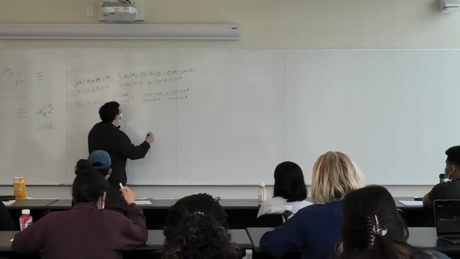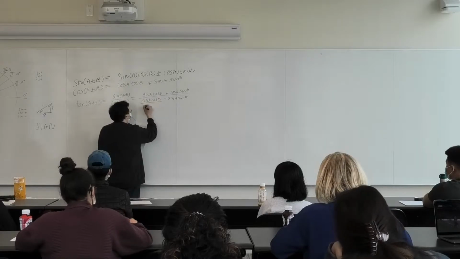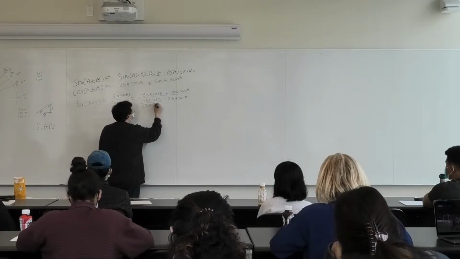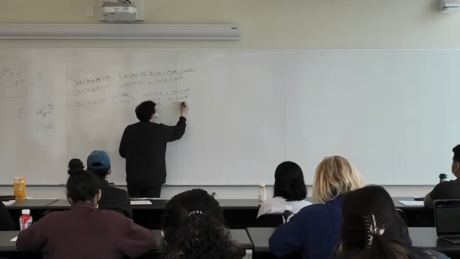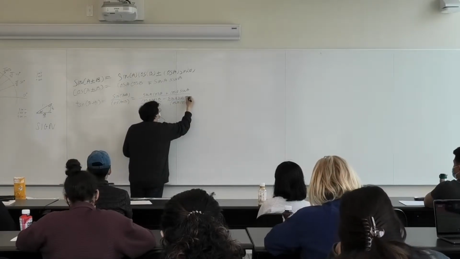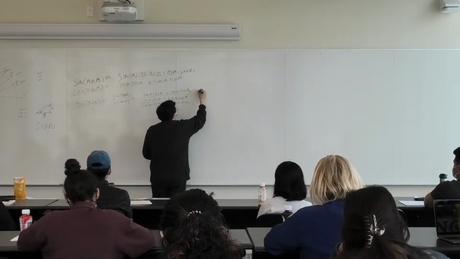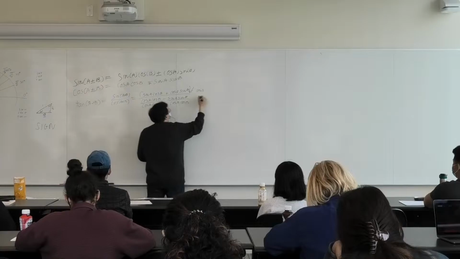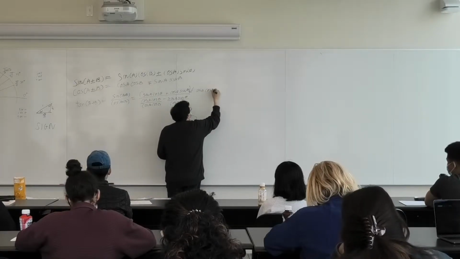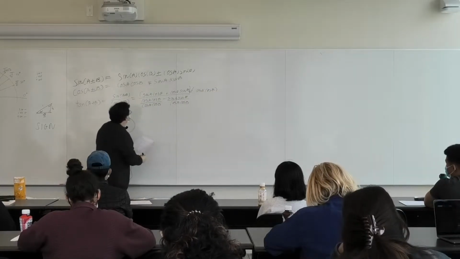So the way we do that is we divide both sides by cosine A cosine B. I'm just going to slip in there cosine A cosine B. And then we just have to look at what we've got.